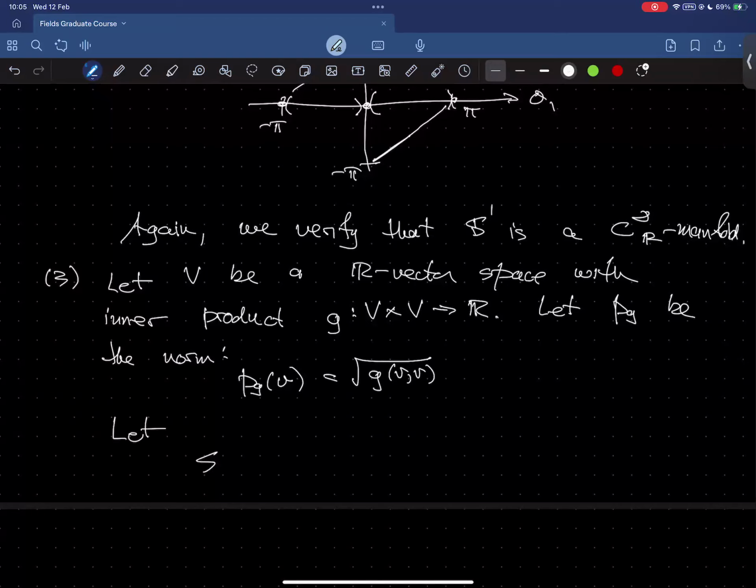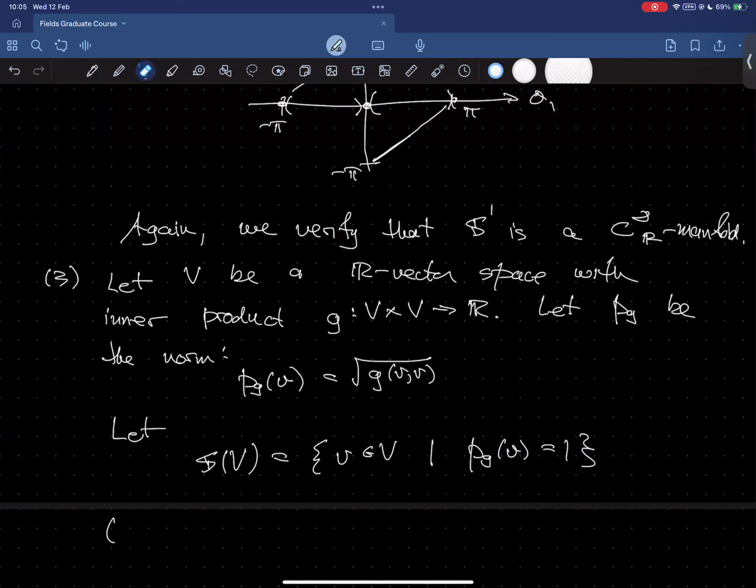So we talked about this example before, but now we're going to do it carefully. We're interested in this just because this example can possibly be infinite dimensional.